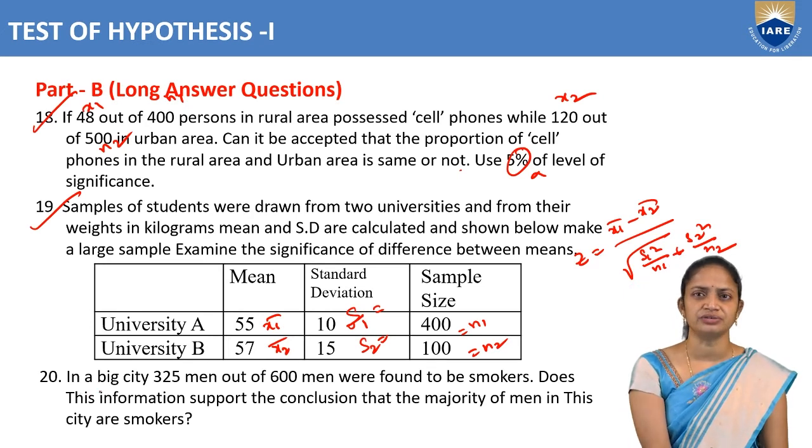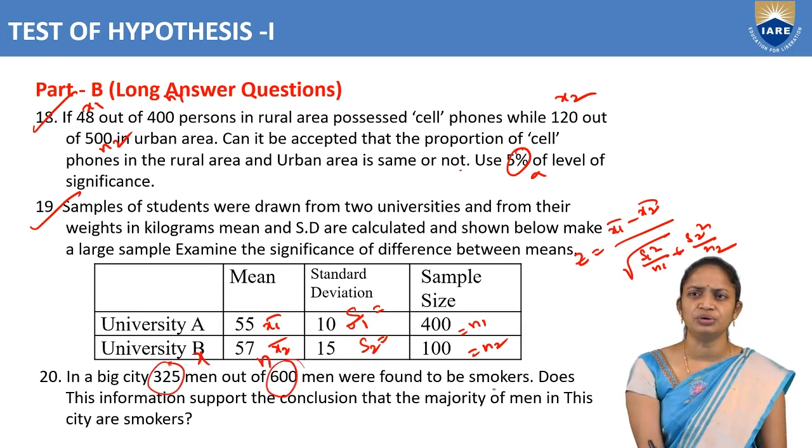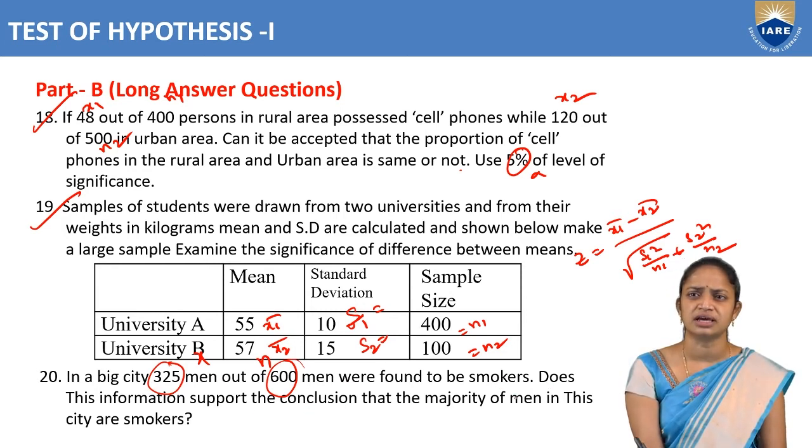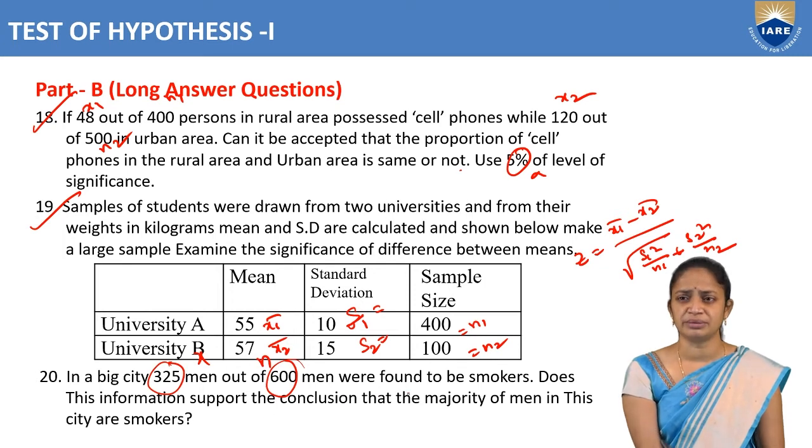And coming to the 20th question, in a big city, 35 out of 600, so this is X value and this is N value, were found to be smokers. Does this information support the conclusion that the majority of the men in this city are smokers?